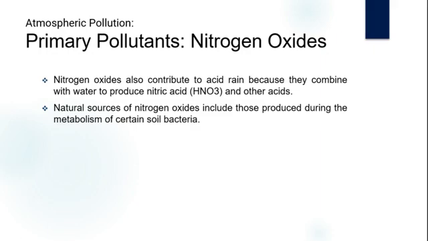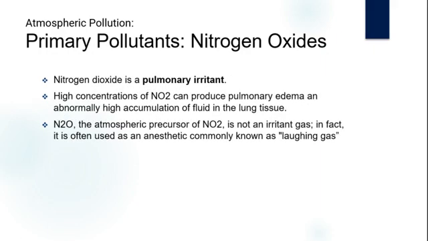Natural sources of nitrogen oxide include those produced during the metabolism of certain soil bacteria, or detritus species to be exact. Now, nitrogen dioxide is a pulmonary irritant. Although little is known of the specific toxic mechanism, high concentration of nitrogen dioxide can produce pulmonary edema, an abnormally high accumulation of fluid in the lung tissue.